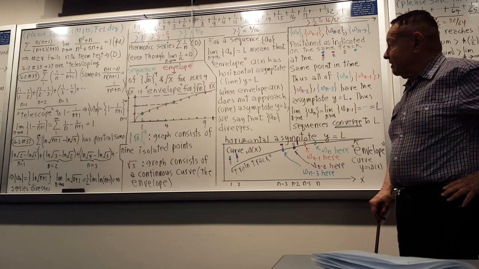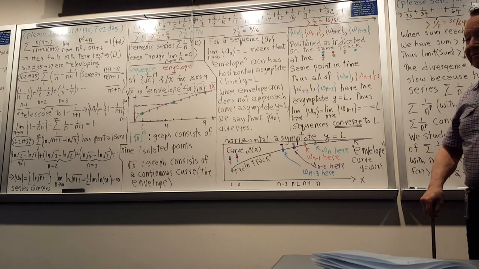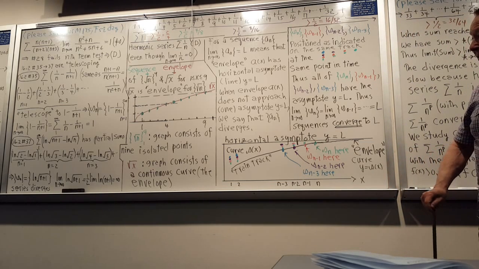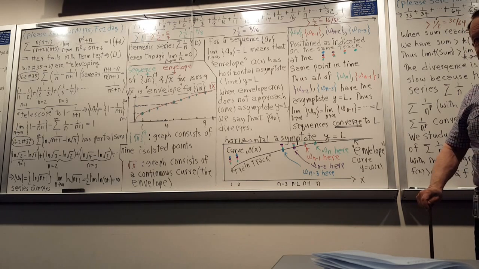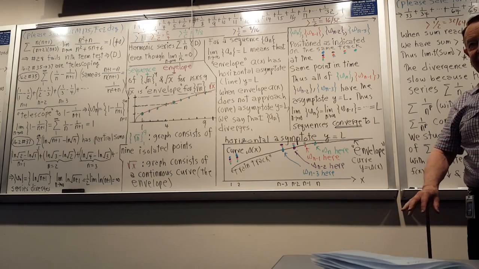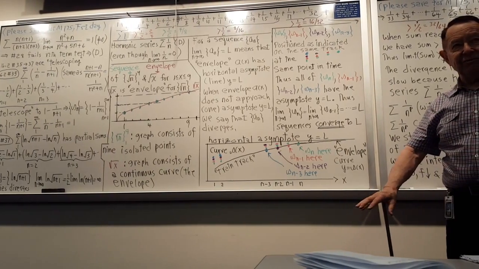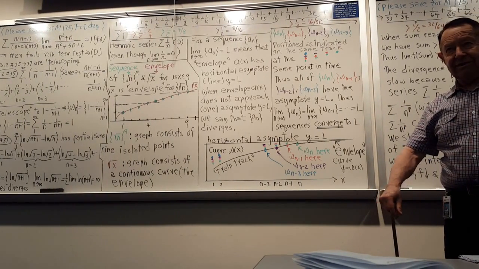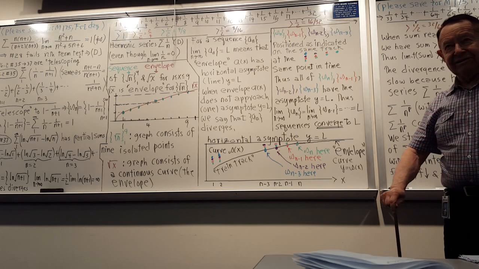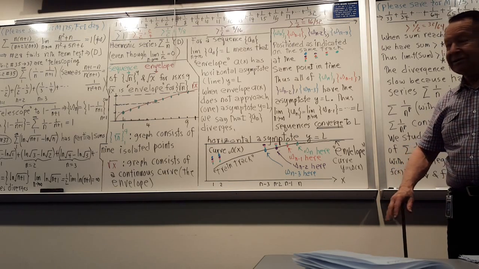So the concept of sequence and limit of a sequence has fundamental importance in chapter 10, because what we're going to do today is talk about the sequence that we form from partial sums of an infinite series, especially a positive term series.